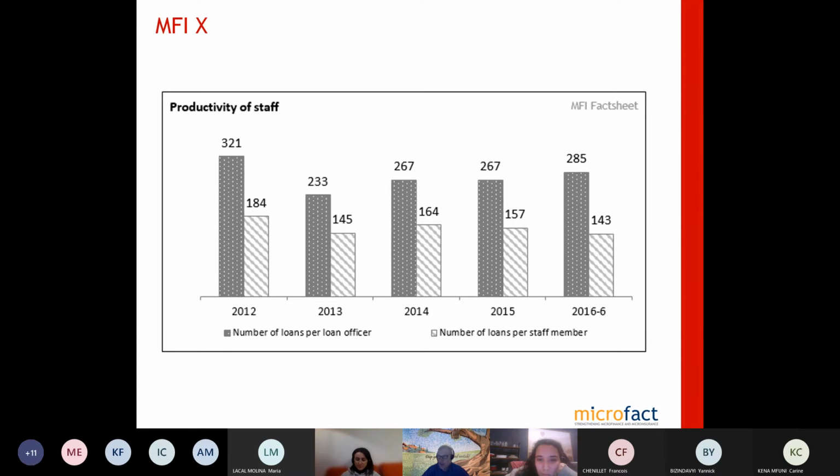But actually, the reason why, because his microfinance institution, according to me, was not really a microfinance institution, because they were giving advances on salary for the army. So it was actually an institution providing advances on salaries on army staff.